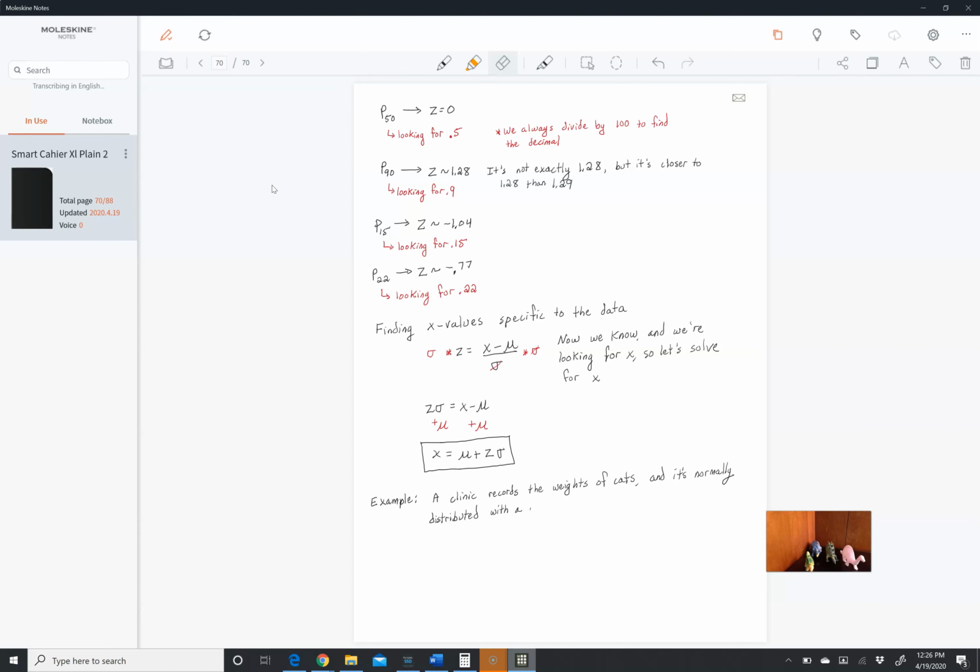And the mean is 9 pounds, and the standard deviation is 2 pounds. So in each case, let's find x given different z-scores.